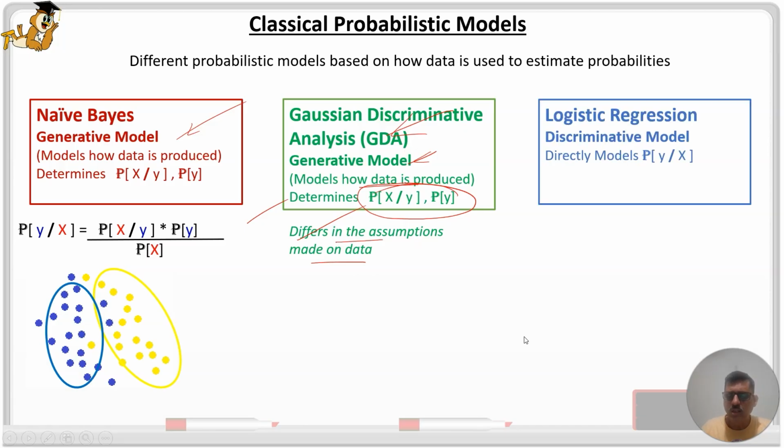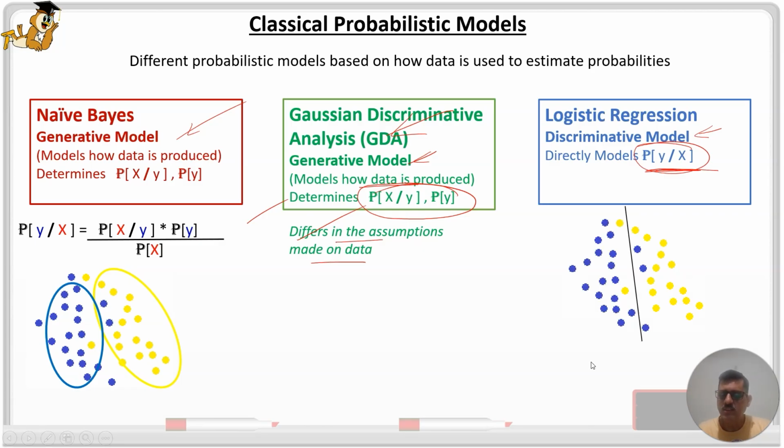The final model that we are going to study today is the logistic regression model. This is a discriminative model. In other words, it directly models probability of Y given X. This is what you are always interested in, like I said, and it directly models Y given X. So what it does is it directly finds the separator.